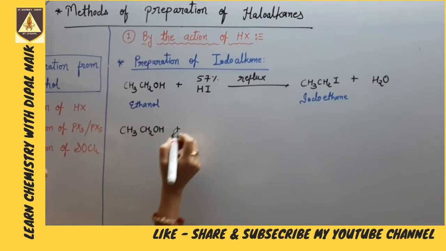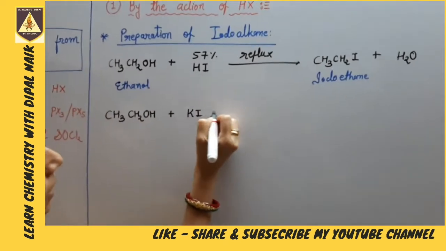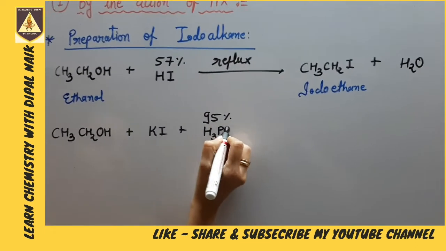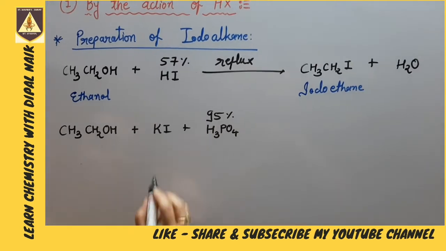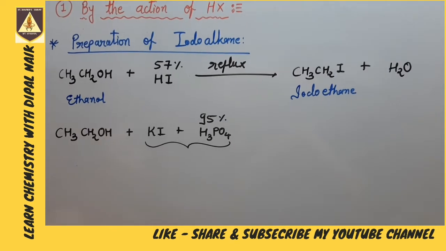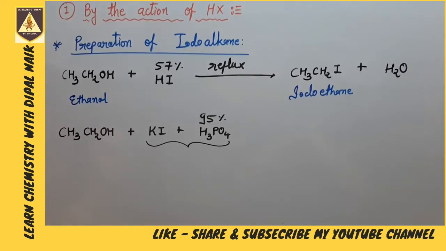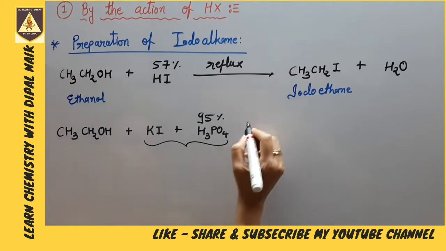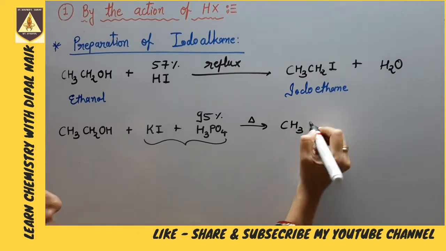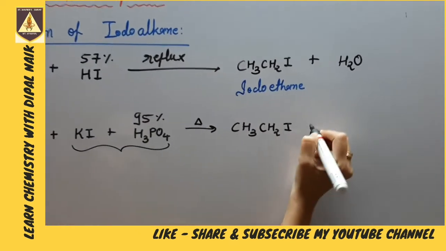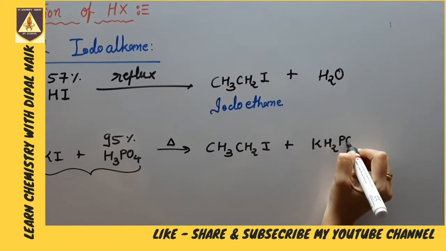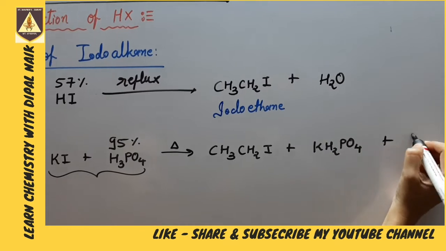CH3CH2OH reacts with KI and 95% H3PO4. By the combination of these two reagents, we have HI inside the chemical reaction, to give CH3CH2I, iodoethane, KH2PO4 byproduct and water.